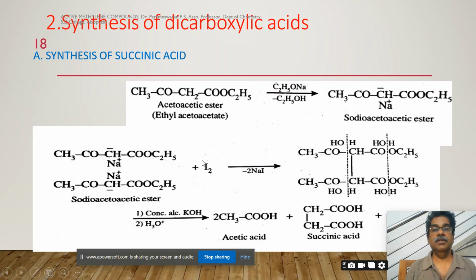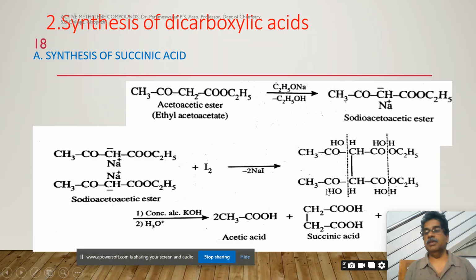See, when this Na is removed from here, what will happen? These active carbon atoms are connected together. Rather, the carbon atoms of the active methylene groups are connected together. So CH3CO CH CO C2H5 is connected to the second CH3CO CH CO C2H5.